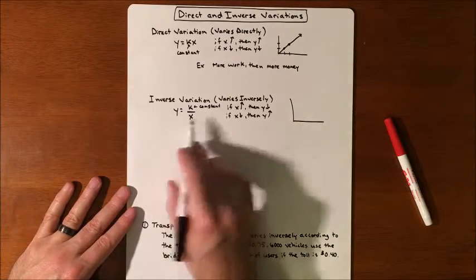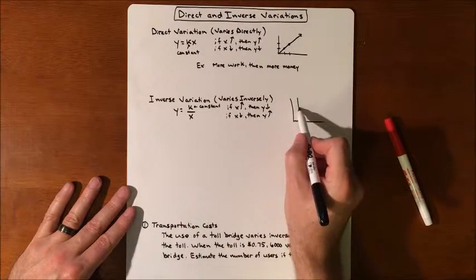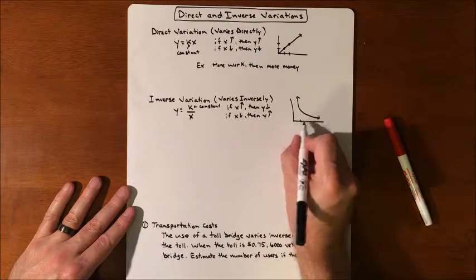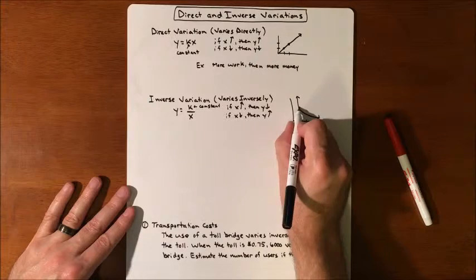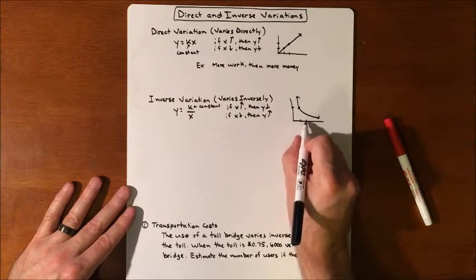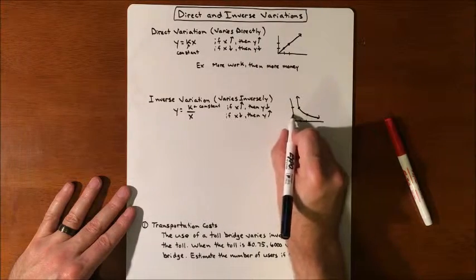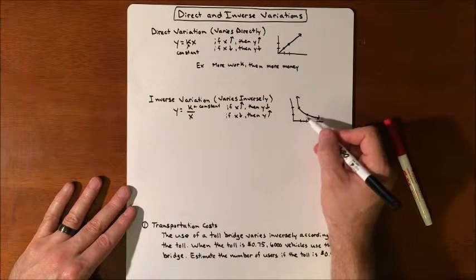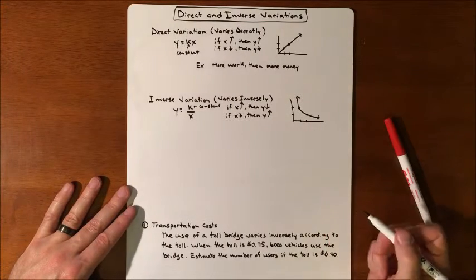All right, so graphically, it becomes a rational equation, and it looks something along those kinds of lines. So if x goes from this value and it increases, it makes the y value decrease. So as x decreases, the y value increases.